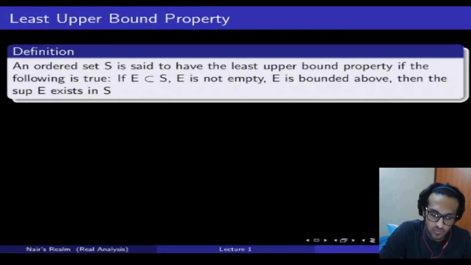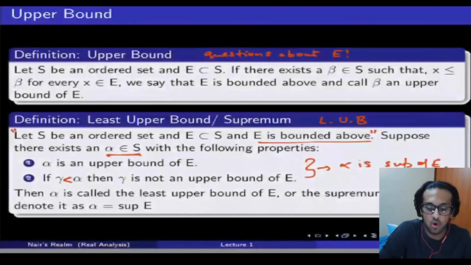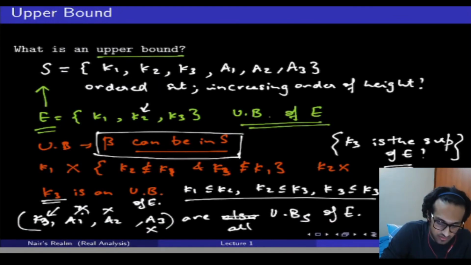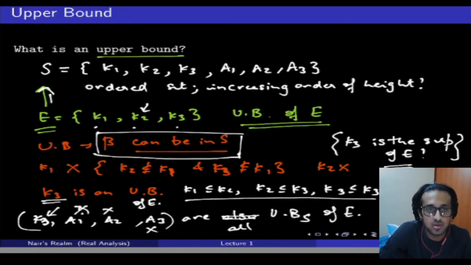Again, if we were to go back to our example, E is a subset of S, and we know that E is not empty because it has elements K1, K2 and K3. We also know that E is bounded above because the upper bounds of E are K3, A1, A2 and A3.